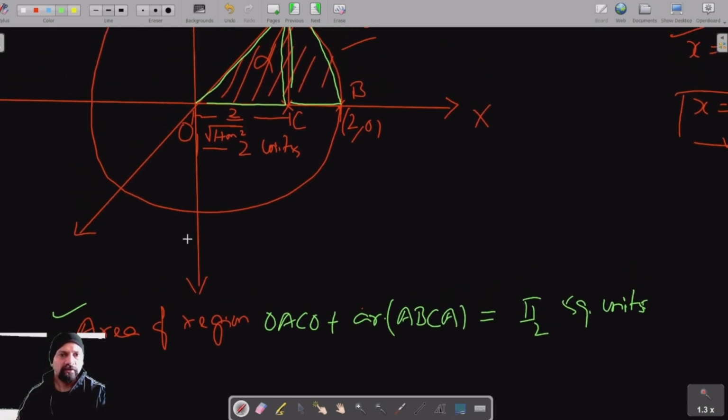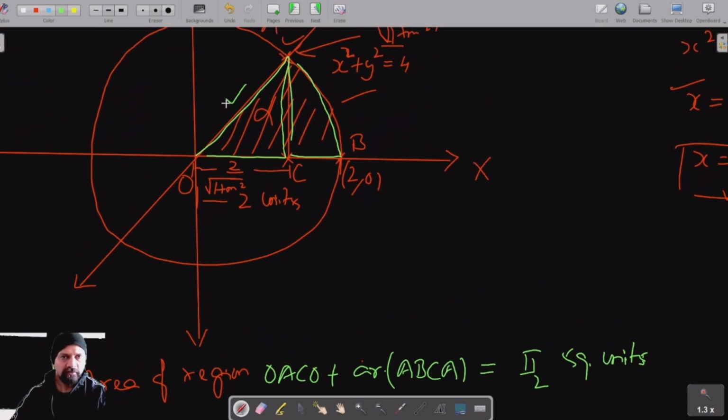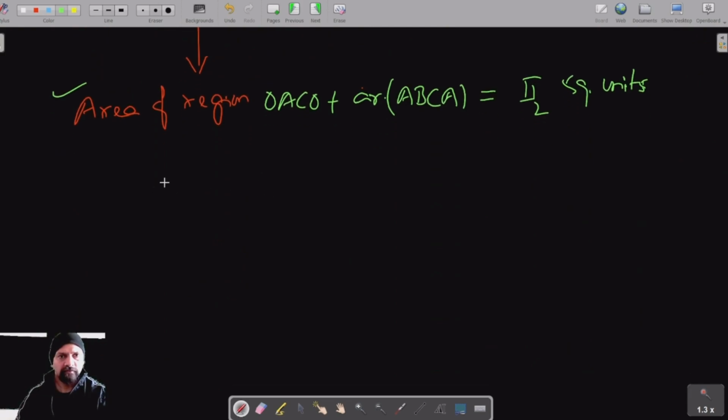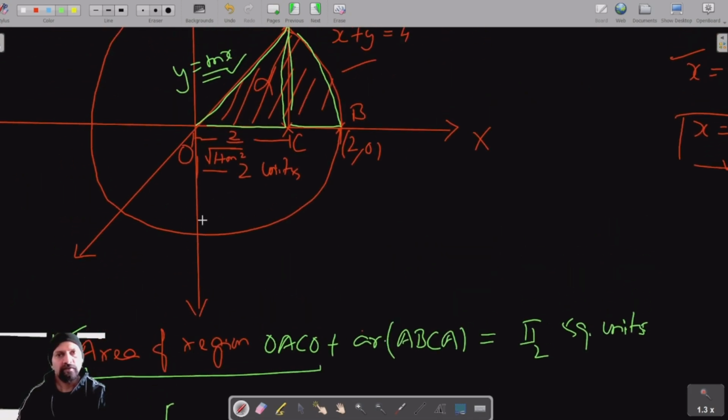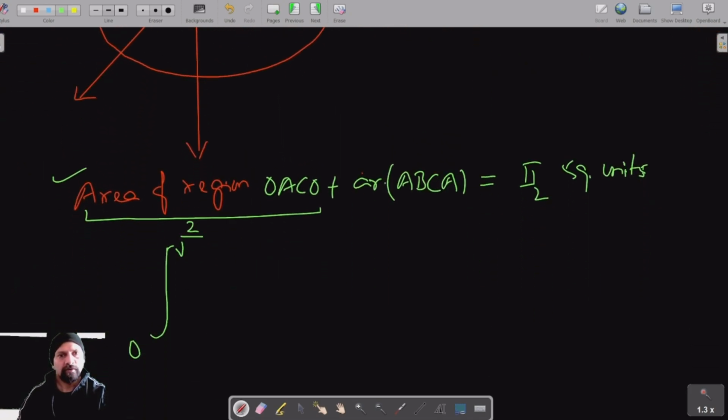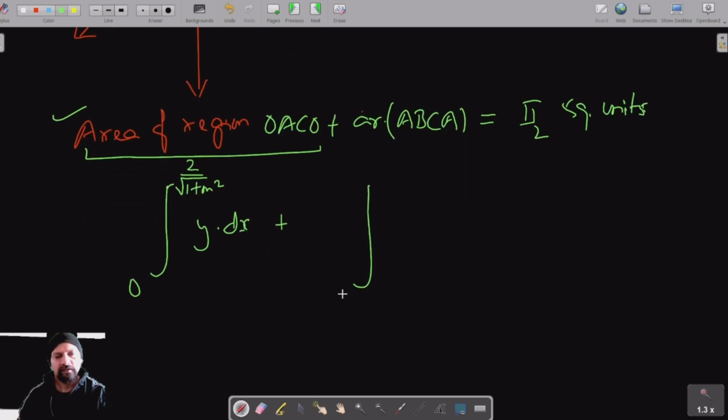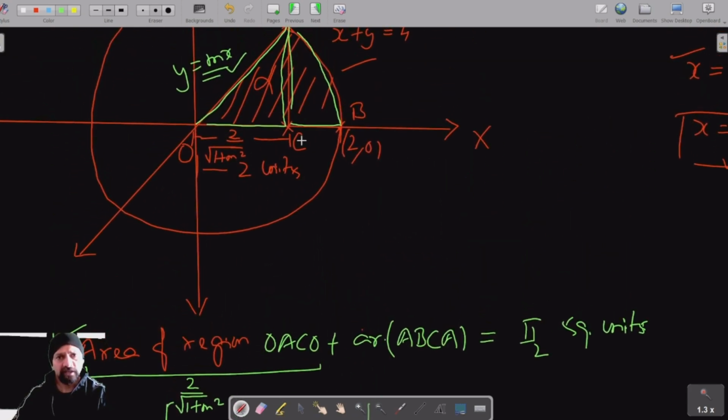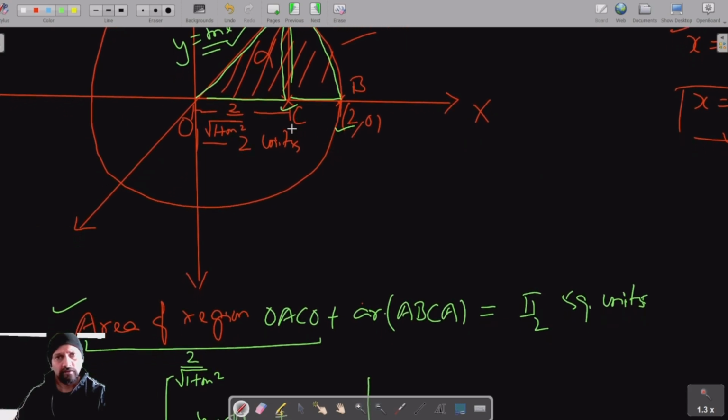m. Now the area of region OACO lies under the line y is equal to mx. So we can find the area of this region OACO using the integration from 0 to 2 upon under root of 1 plus m square of y into dx, plus the next region, whose length is 2.